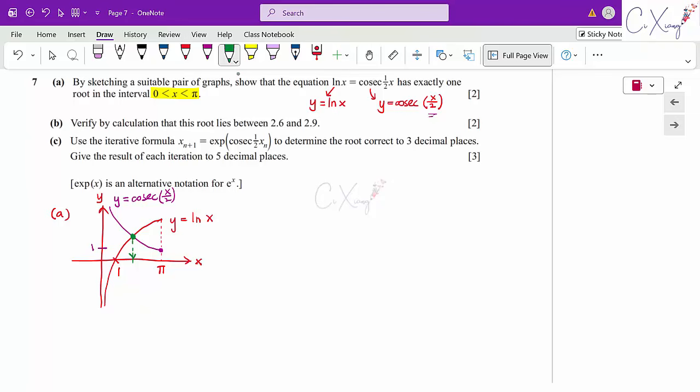You can see that we have only one intersection point in the graph, in the range that we draw. Therefore, you can make a simple conclusion where you state that only one intersection point can be seen. Therefore, there's only one root in the interval given.